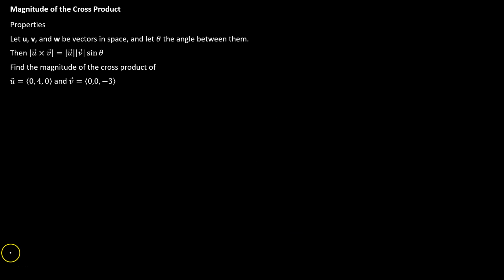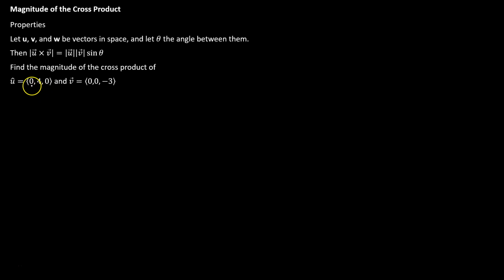Now that we have this neat little trick for calculating the magnitude of a cross product, let's go ahead and calculate one. Now I've picked two vectors, u and v, that we should easily be able to see the angle between them. U is parallel to the j vector.